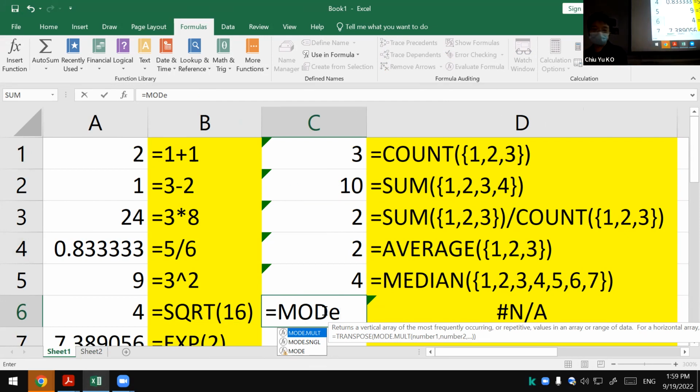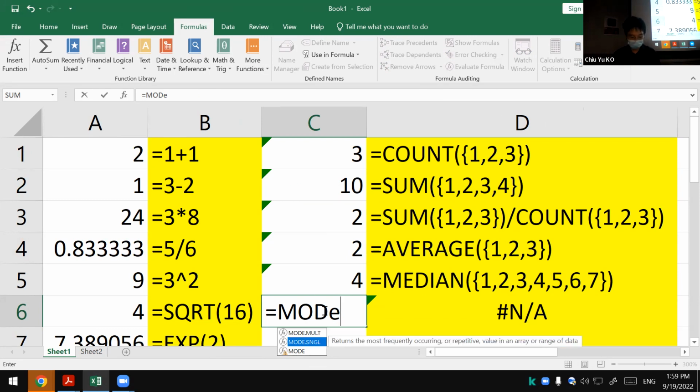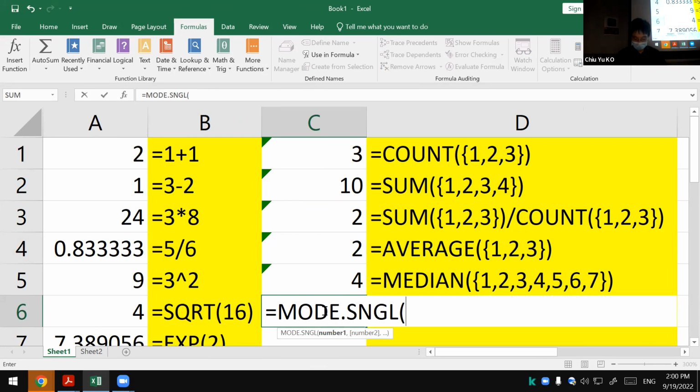We don't focus on mode multi because it's a more complicated idea called an array function, which is beyond the scope of our class. If you want to know, you can check it out by yourself, but we focus on mode single. So we just put in, say, 1, 1, 2, 3, 4, and easily you will see the mode should be 1.